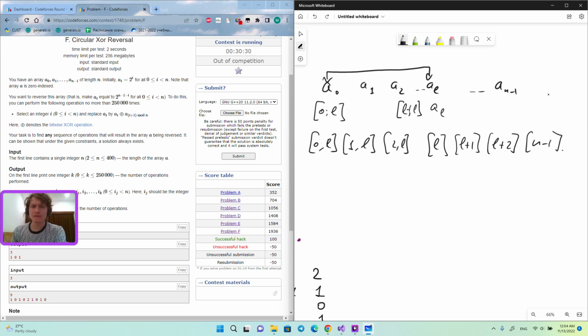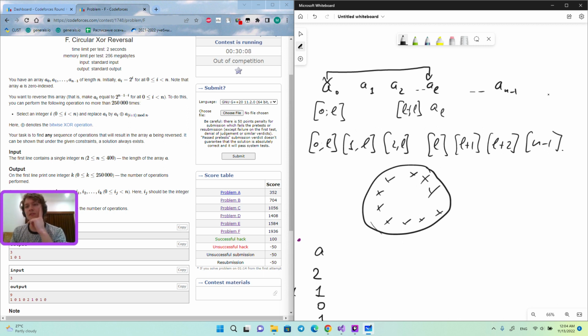Can I just make some progress by rotating this thing? So what happens if we just rotate? We get the following array. So A. It depends on the order.